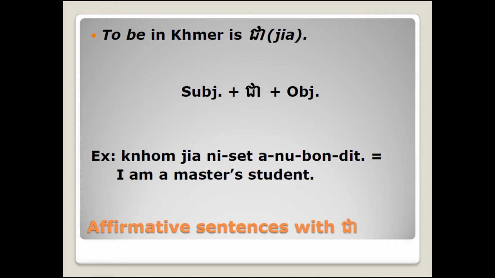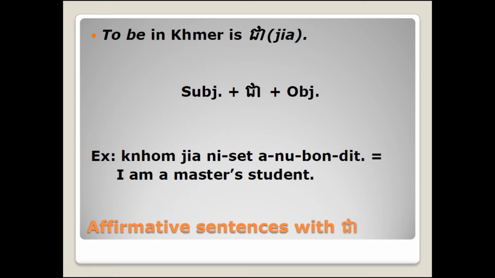Now, let's move on to talk about how to use verb to be, starting with the positive sentences. To be in Khmer is chia, and the formula is subject plus chia plus object.